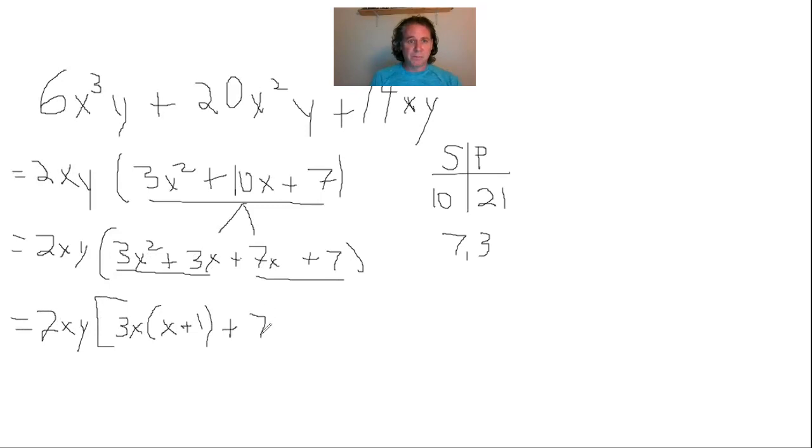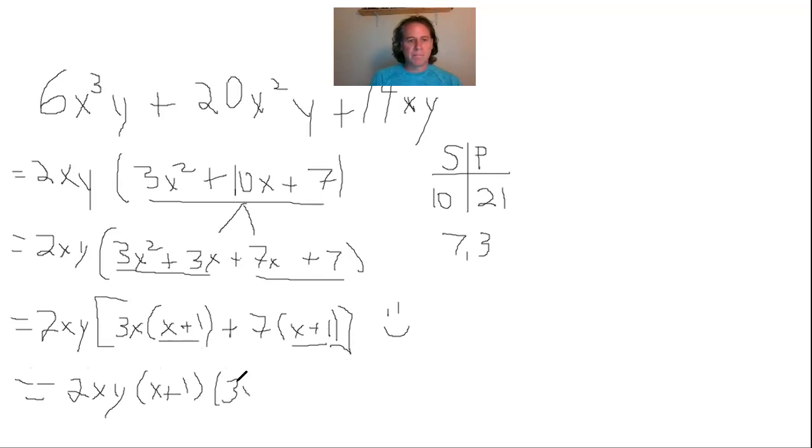And it's 7. And in brackets, it's x plus 1. And now, once again, I'm smiling because I know I've got the same thing in the brackets, which is telling me I'm on the right track. So the next stage is still got the 2xy. My common factor is the x plus 1 bracket. And my last bracket is the 3x plus 7.